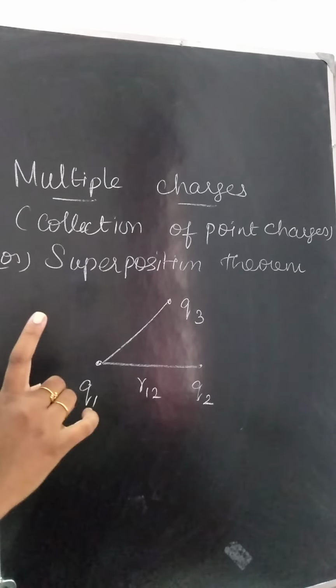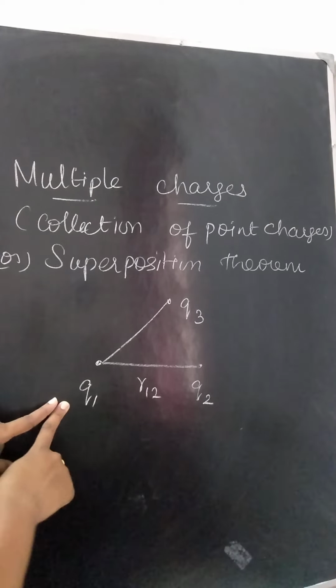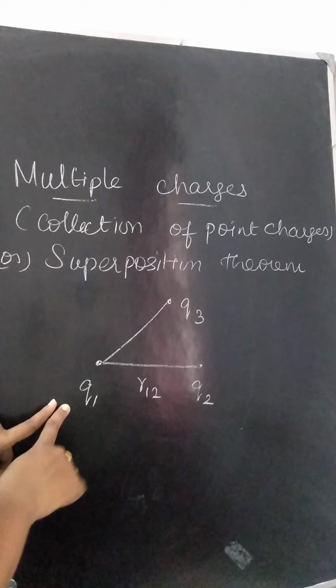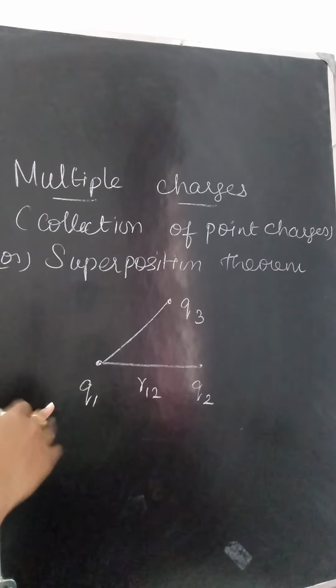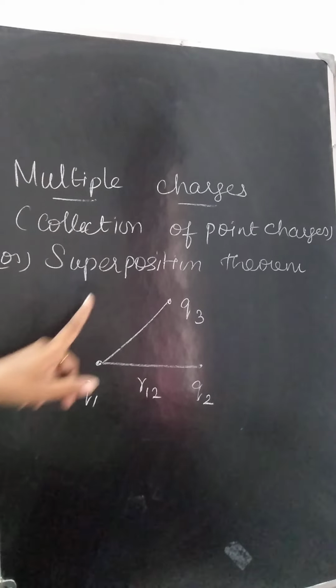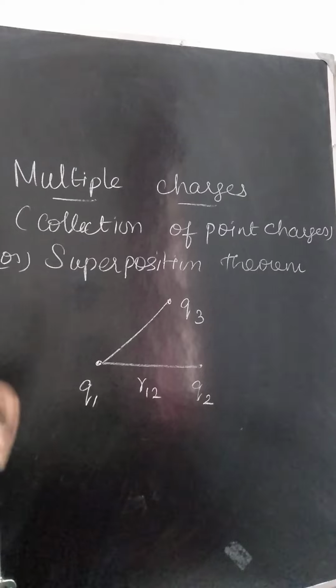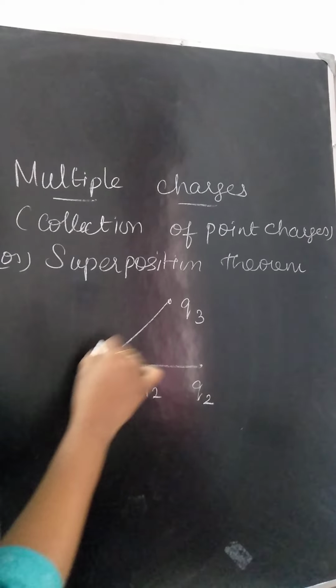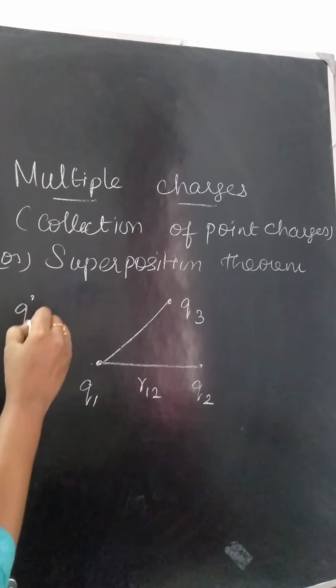Any one charge I take as the ideal one, here Q1, the source charge, and the other charges Q2, Q3, Q4, Q5 experience a force on Q1. So Q2 on Q1, Q3 on Q1, and Q4 on Q1.